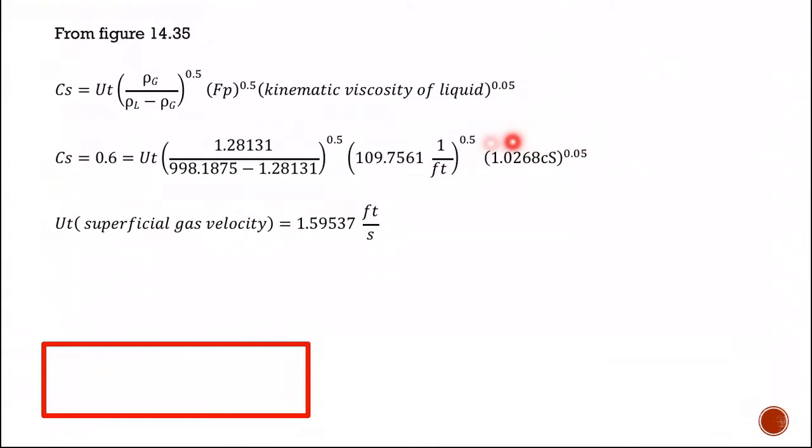Substituting all the values, we can calculate the superficial gas velocity as 1.59537 feet per second.